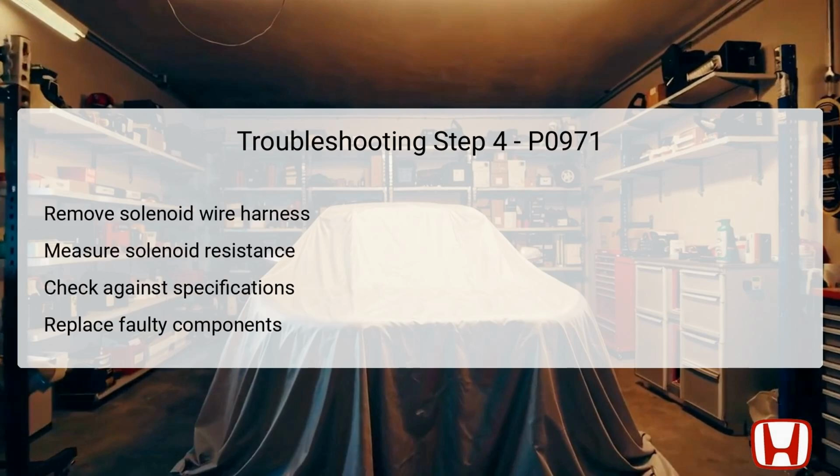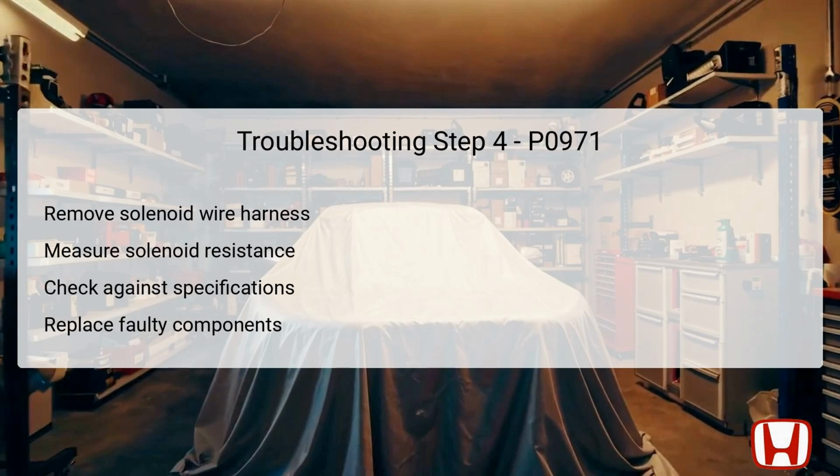The fourth troubleshooting step requires verifying the CVT clutch pressure control solenoid valve itself by assessing its electrical resistance. Start by disconnecting the solenoid wire harness to separate it from the circuit temporarily, allowing for an accurate measurement devoid of interference. With the solenoid disconnected, employ a multimeter to measure the resistance between the designated test points on the solenoid's 2-pin connector.